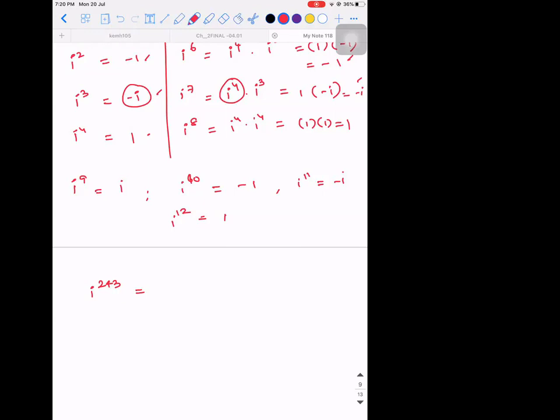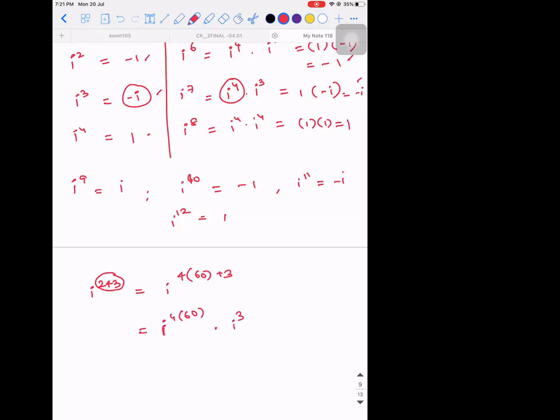Minus i. Because you have to divide this number with 4. If you divide this number with 4, what do you get? You can write it as 4 into 60 plus 3. Can I write it like this? Yes, sir. So i power 4 into 60, into i cube.